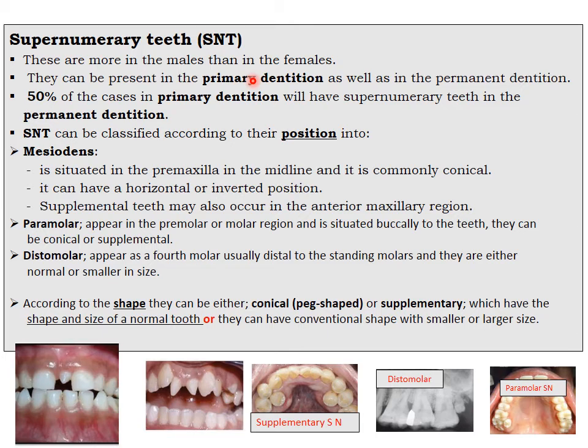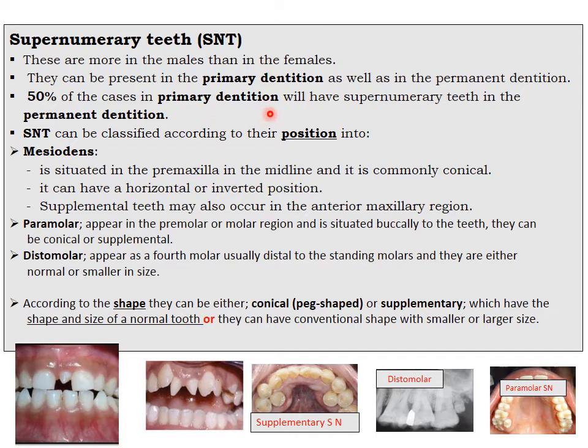Supernumerary teeth can be classified according to the position and according to the shape of the teeth. According to the position, one may be called mesiodens. If you follow here, this one present between the two central incisors is called mesiodens.